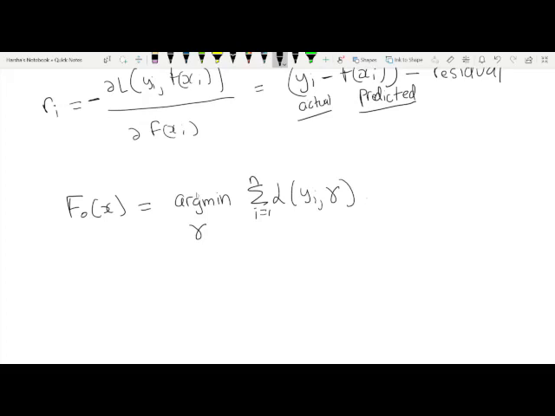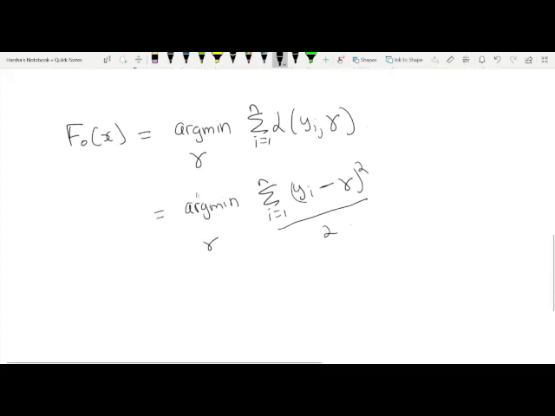So gamma in this case would be the argmin over gamma of the sum from i equals 1 to n of the loss function, which equals (yi minus gamma) whole square by 2, right?